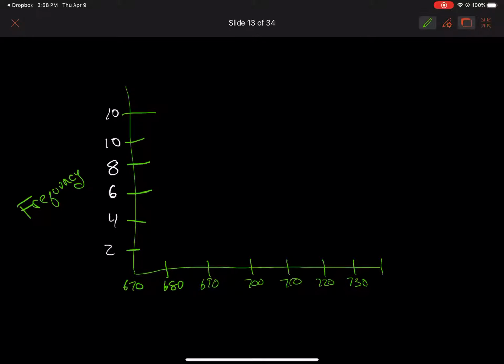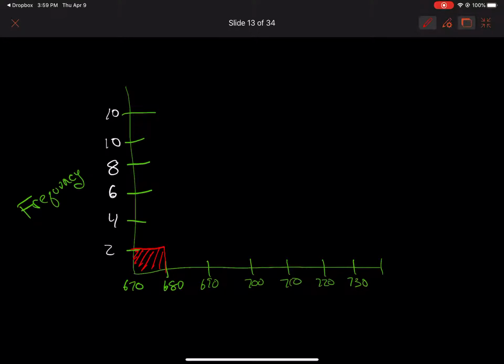Now all you do from here is you just draw a bar. These are all supposed to be the same width. Let's pretend they are. And so I know between 670 and 679 I had two of the eruptions.